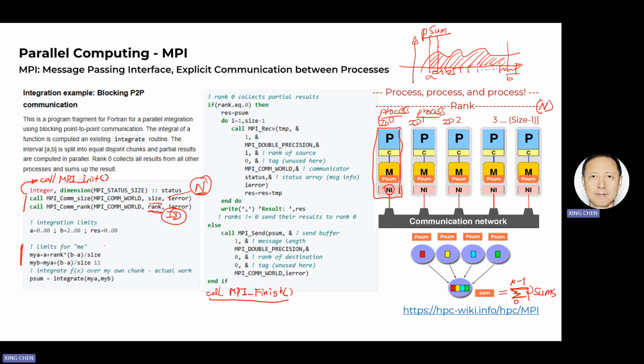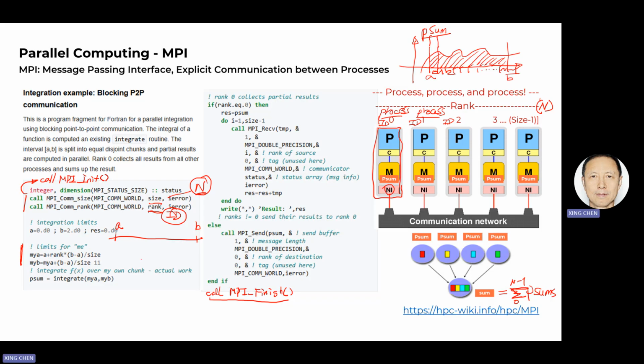Decomposition means that you have a computation task, and you need to break it down and ask each MPI process to work on a piece of the workload. You have a big workload, you need multiple MPI processes, and each one is going to work just on a piece of it. For our example, it's very simple. Here the workload, as I have drawn, is from A to B.